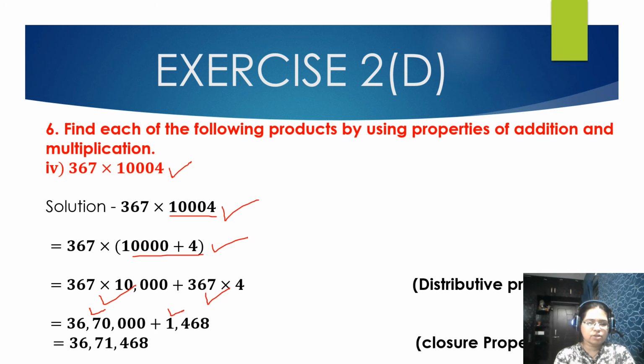Now we add these numbers. 36,70,000 plus 1,468 equal to 36,71,468. And this is the closure property of addition of whole number.